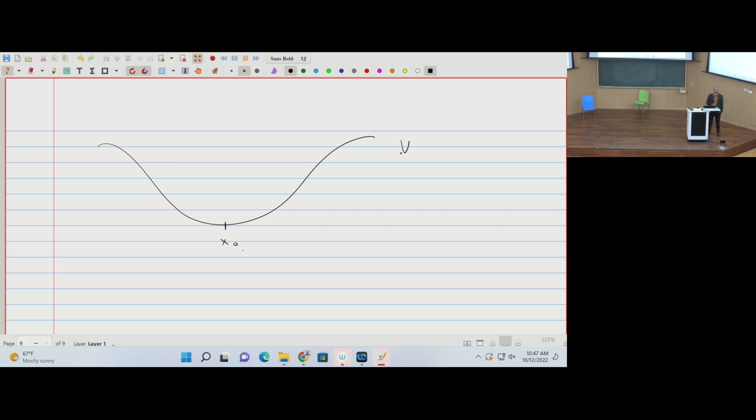Taylor series, do we remember that? Good. So this is x naught. So the potential energy at a slight displacement away from x naught is what we want to calculate in terms of the value of the energy at x naught and its derivatives at x naught.